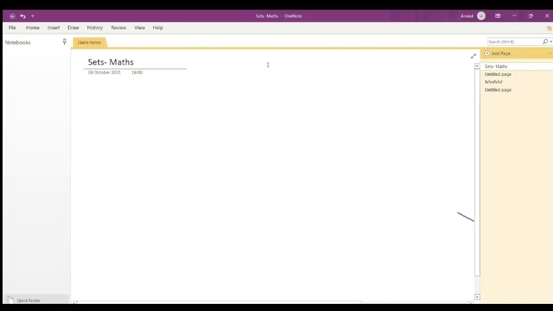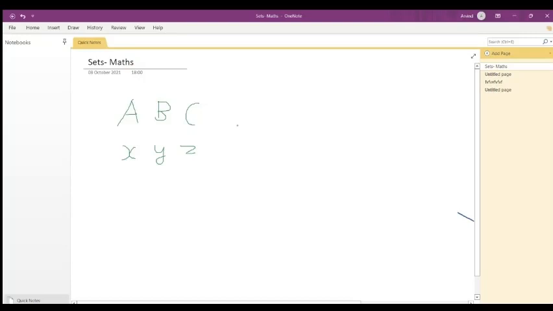Now we will see the notation of a set. Sets are usually denoted by capital letters like A, B, C, and its members are represented by small letters like x, y, and z.